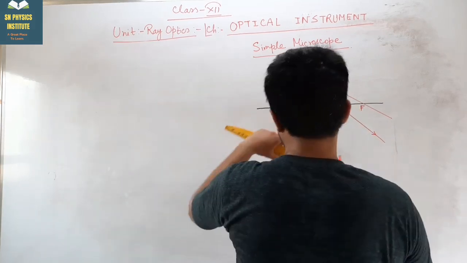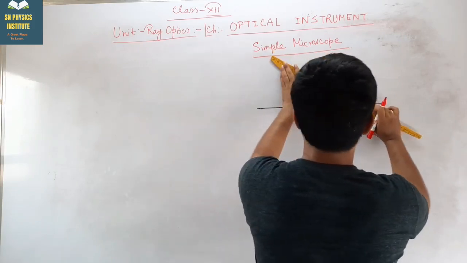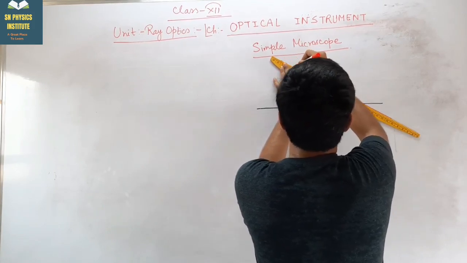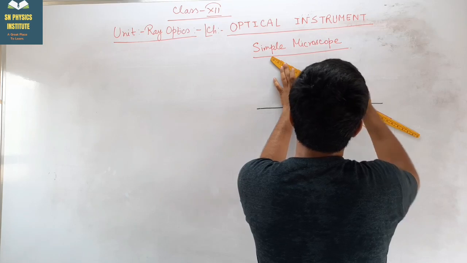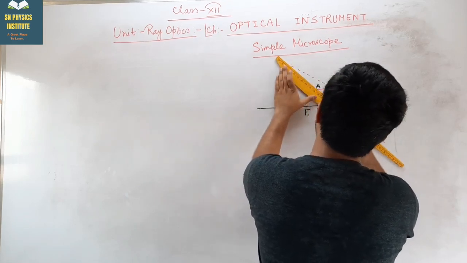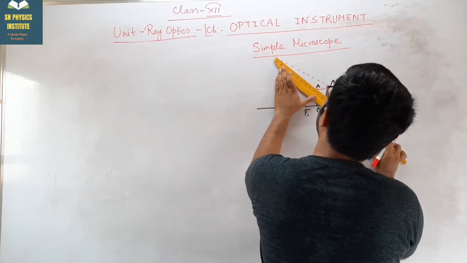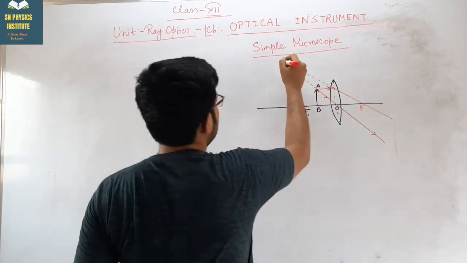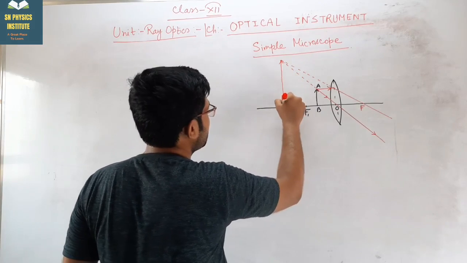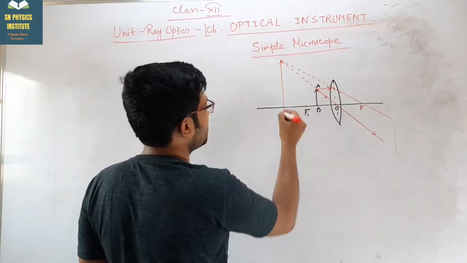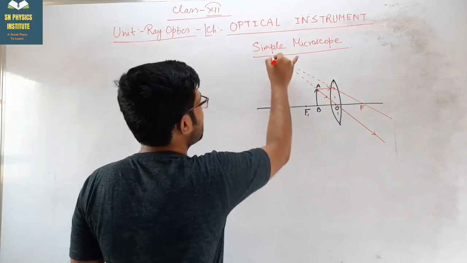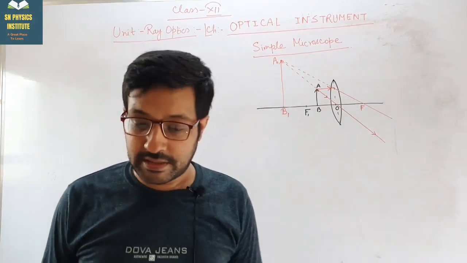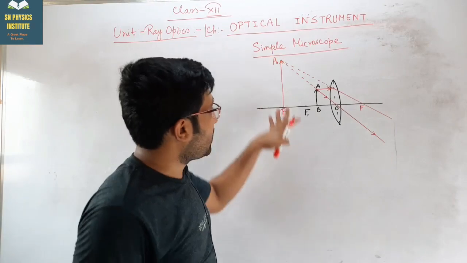Then if you extend these two rays, they will meet at a particular point like this. This is the image you have got, and this image is A1 B1.